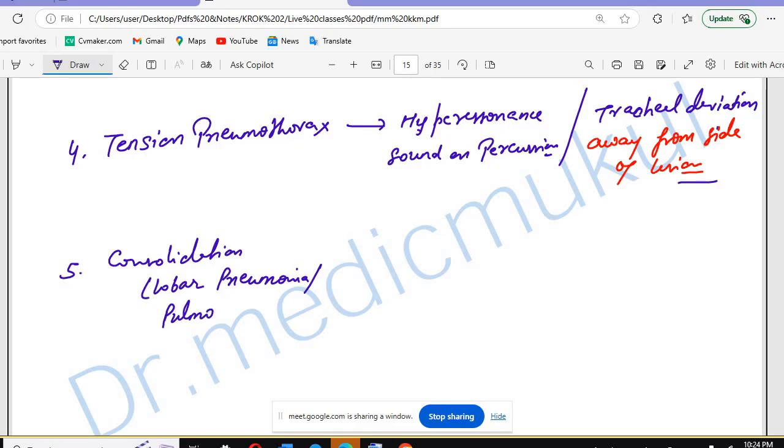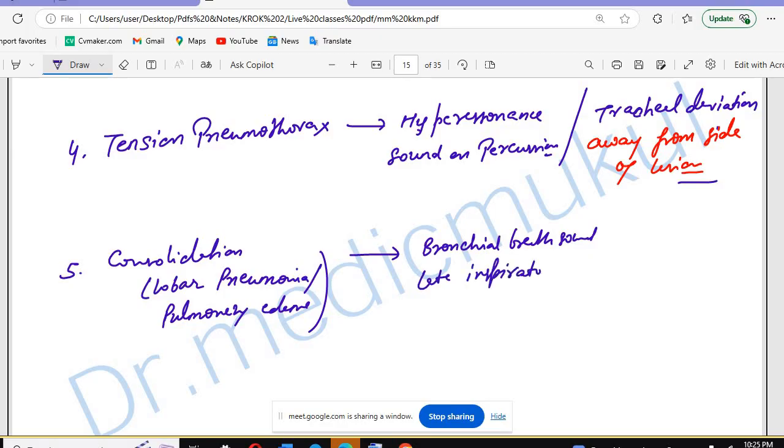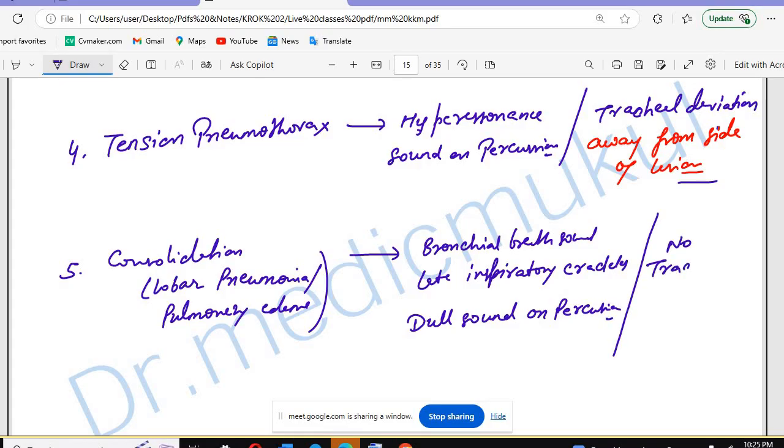In consolidation, what you are going to see is bronchial breath sound on auscultation and late inspiratory crackles. This is a very important point. There will be a dull sound on percussion, and no tracheal deviation.